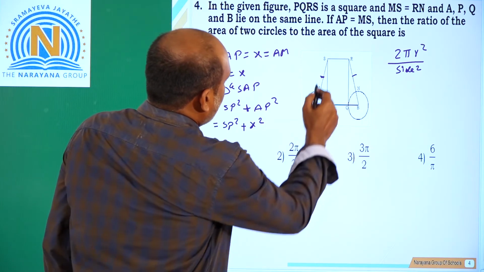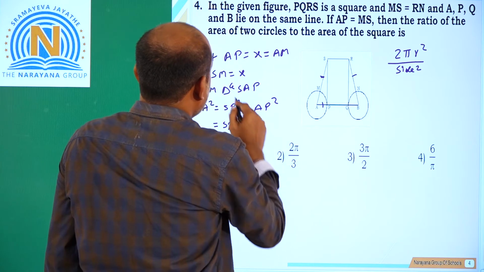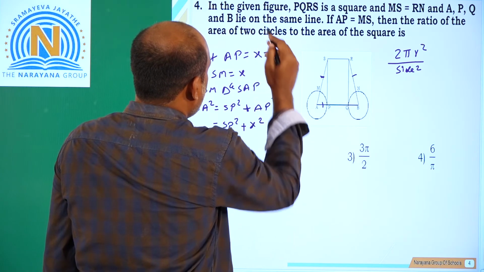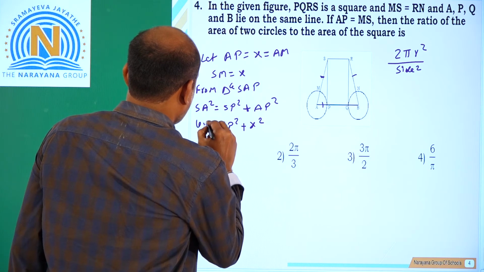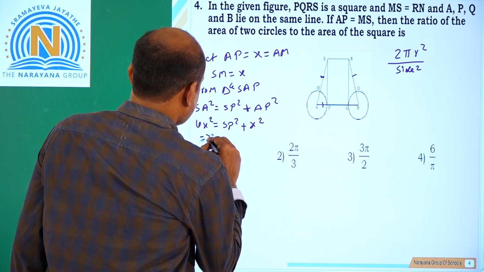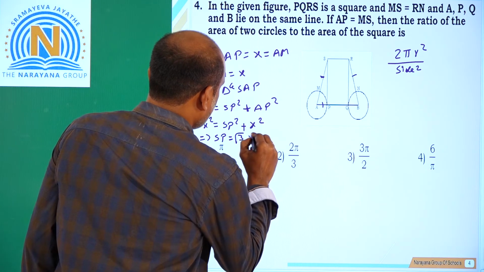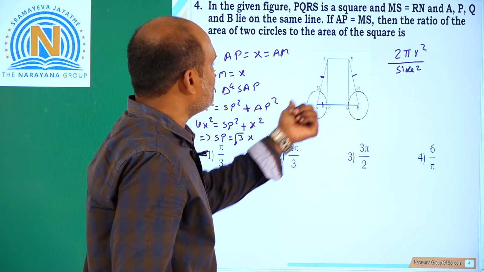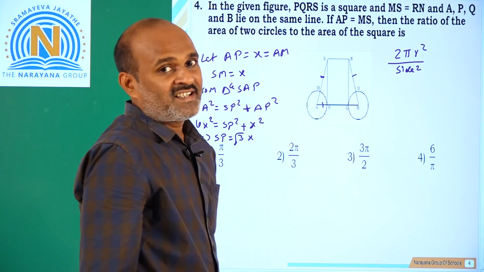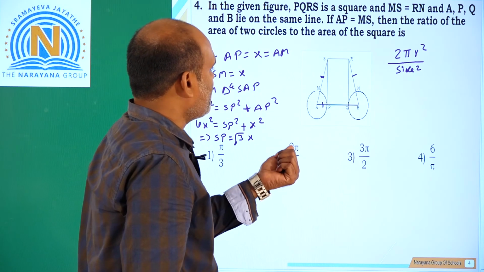And SA is nothing but SM plus AM, which is x plus x, that is 2x whole square, which is 4x square. That implies SP is equal to root 3 into x. What is this SP? SP is nothing but the side of the square.